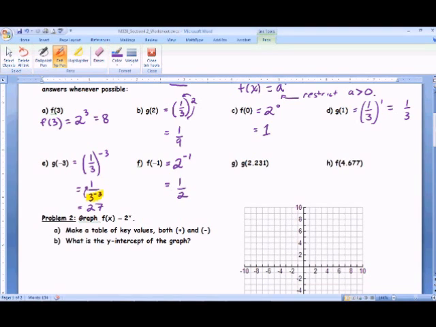And then G and H, those ones are calculator problems, but one thing you can do is a little bit of work in your head to verify your answers. For example, for G, we have g of 2.231, so that would be 1/3 to the 2.231. That's going to be somewhere between 1/3 squared and 1/3 cubed, closer to 1/3 squared.